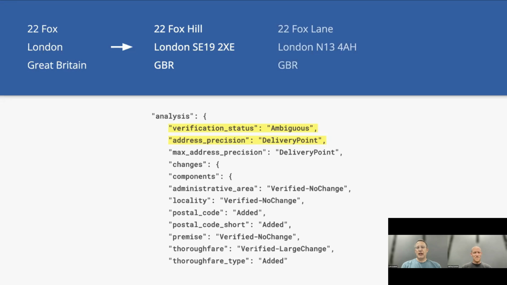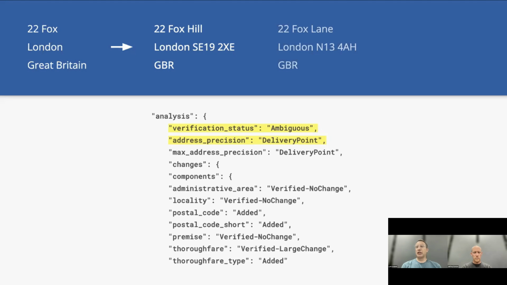For each one, you're going to see this raw API output separately for each of the candidates. In this case, we're looking at 22 Fox Hill. The address precision is delivery point. Absolutely a valid address, verified right down to the delivery point. So don't get deceived into thinking ambiguous means there's something shady or not quality about it.